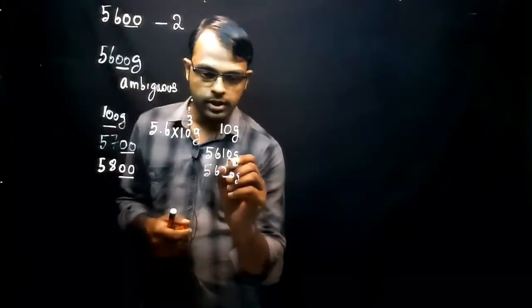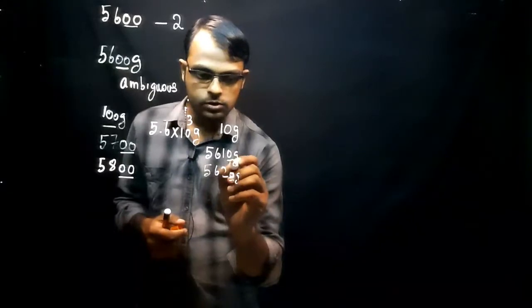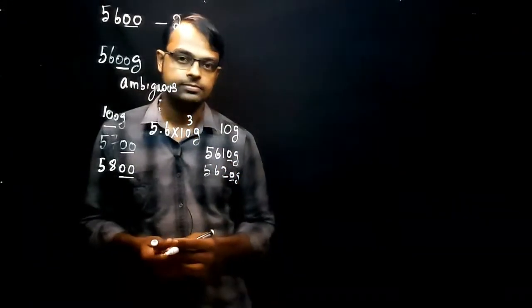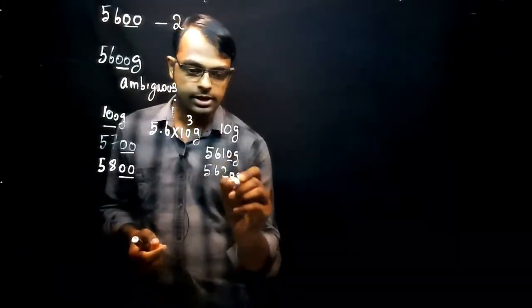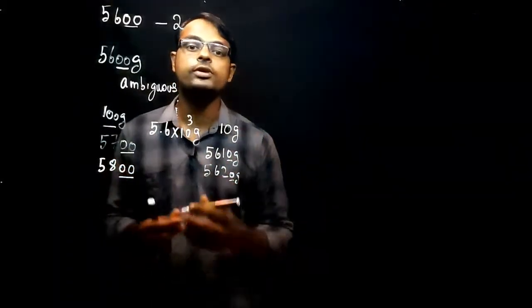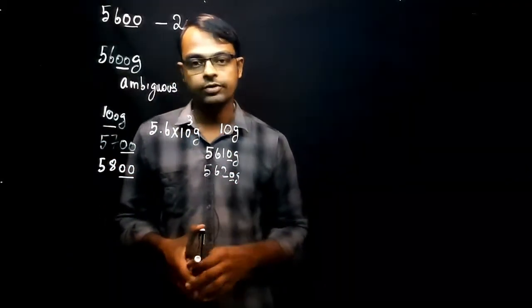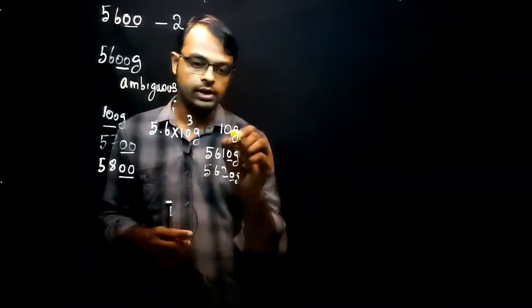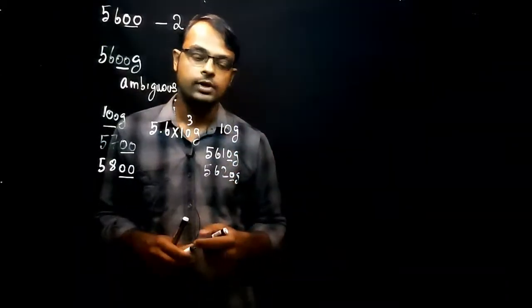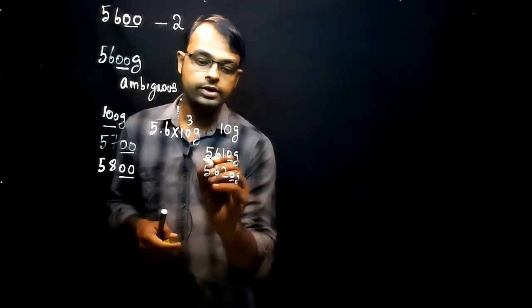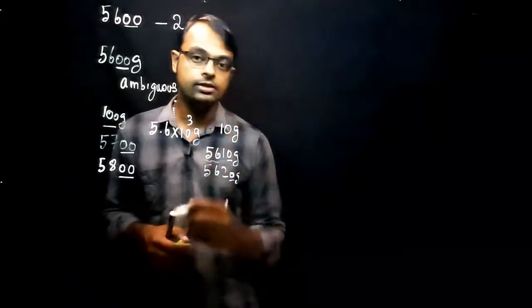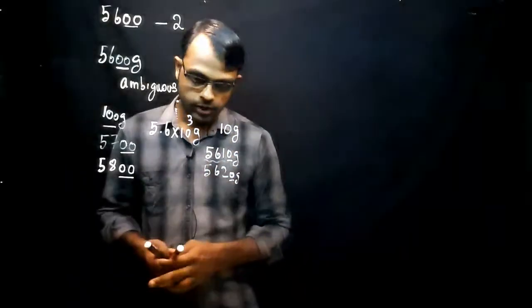In this example, you can see the last zeros are not changing, so the last zero is not significant. So when the least count is 10 gram, how many significant figures are here? Three significant figures. So how can you write this number?